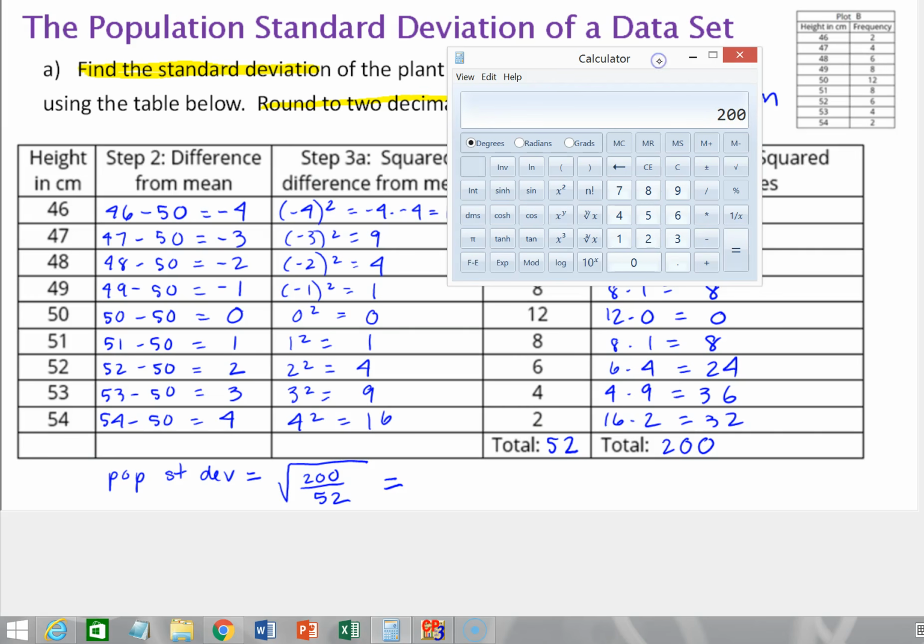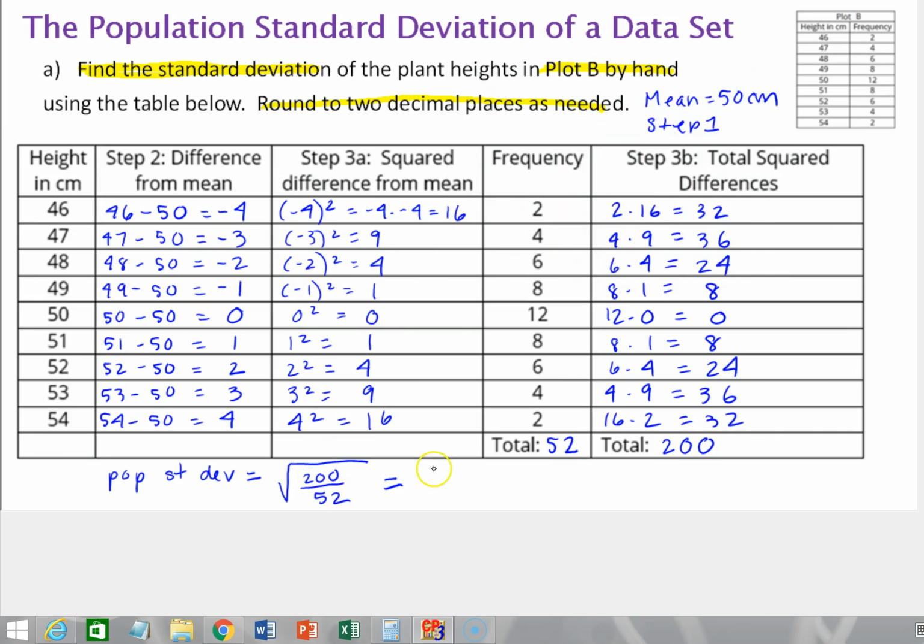On this calculator, you'll do the division first, then the square root. On the MultiView, you'd hit the square root button and then do 200 divided by 52. So 200 divided by 52 is that. We're not going to round it at all, never round till the end. And the square root to 2 decimal places is 1.96.